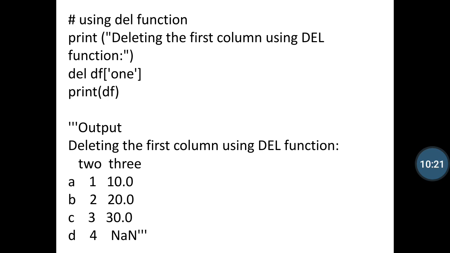The first column of our dictionary is 1, so the first column is deleted. You can notice that the first column indexed by a, b, c with the values 1, 2, 3 is not in your output, so you can notice that the first column is deleted by the del function in the data frame.